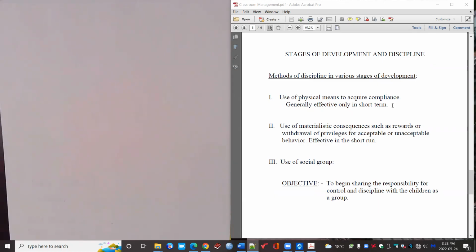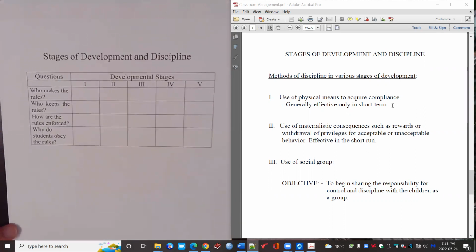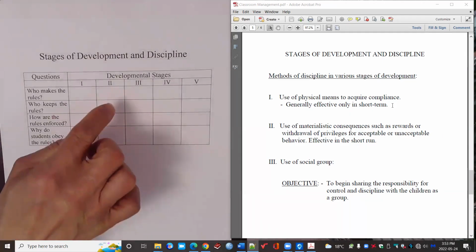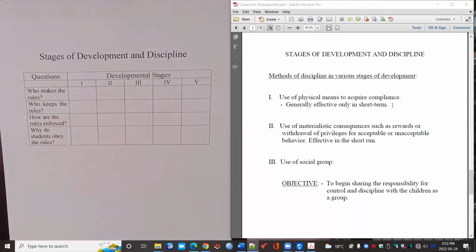Well, at this stage here, who makes the rules? Okay, focus. Who makes the rules? Of course, the teacher.